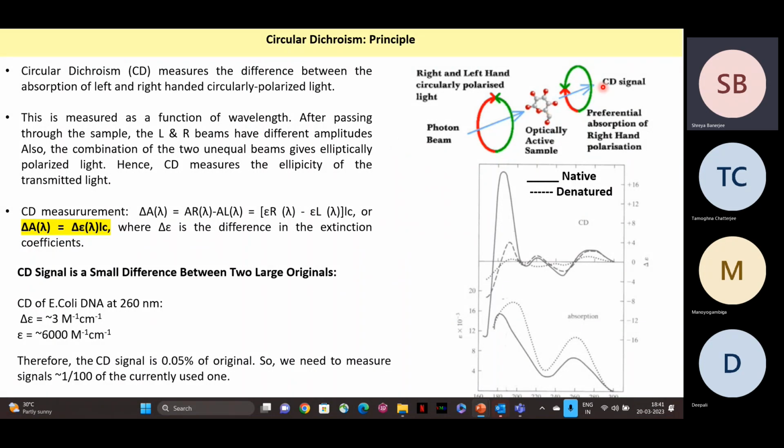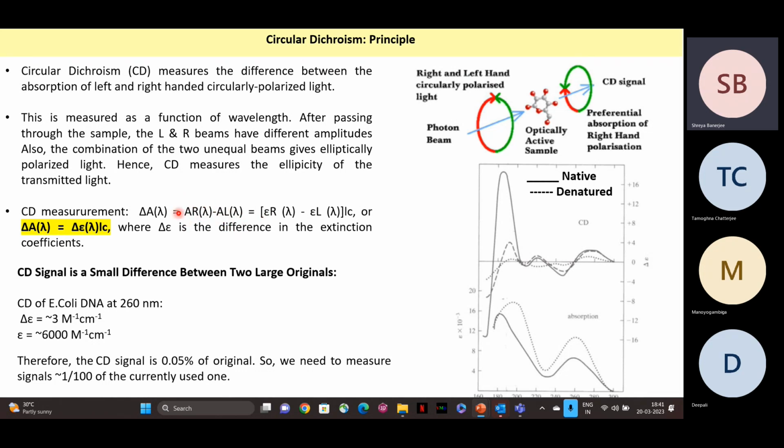So as you can see, after passing through the sample, the left and right components are unequal, and circular dichroism basically measures the difference between these two components. This difference is also called ellipticity. So the CD measurement is basically the difference in absorbance of the right-handed and left-handed, so AR minus AL, which is right minus left.